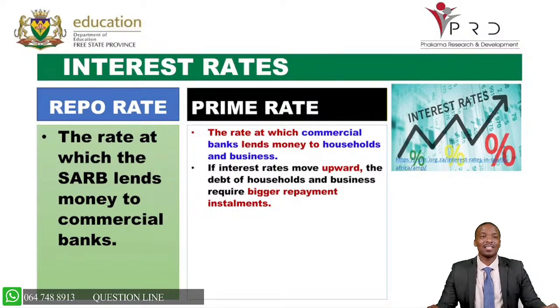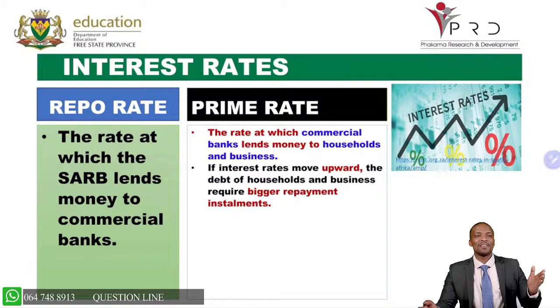That means the repurchase rate is sitting at 8%. Now the question would be, if the repo rate is sitting at 8%, what is the value or the figure for the prime rate? Under Money and Banking in grade 11, we have done this, where we talked about the functions of the Reserve Bank. So there is a gap between the prime rate as well as the repo rate.